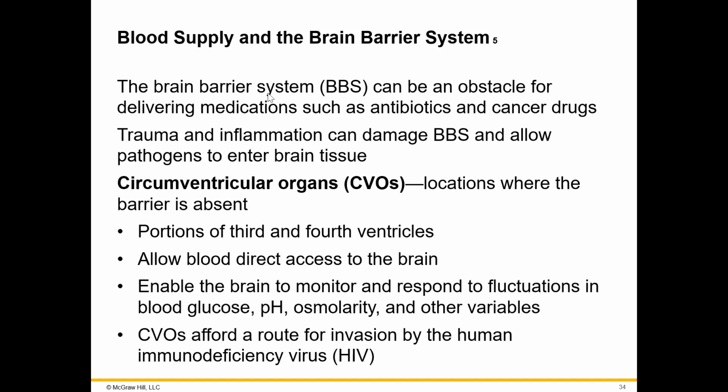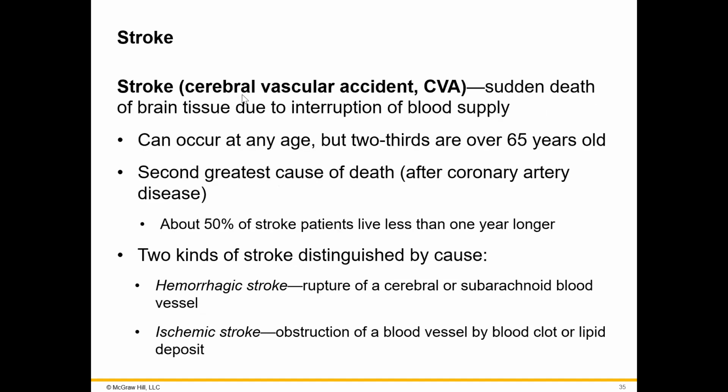The brain barrier system can be an obstacle, we said, for antibiotics and cancer drugs. So chemotherapy is not going to be very effective, particularly for brain cancer, due to this brain barrier system that is standing in the way between the chemotherapy and the tissue.